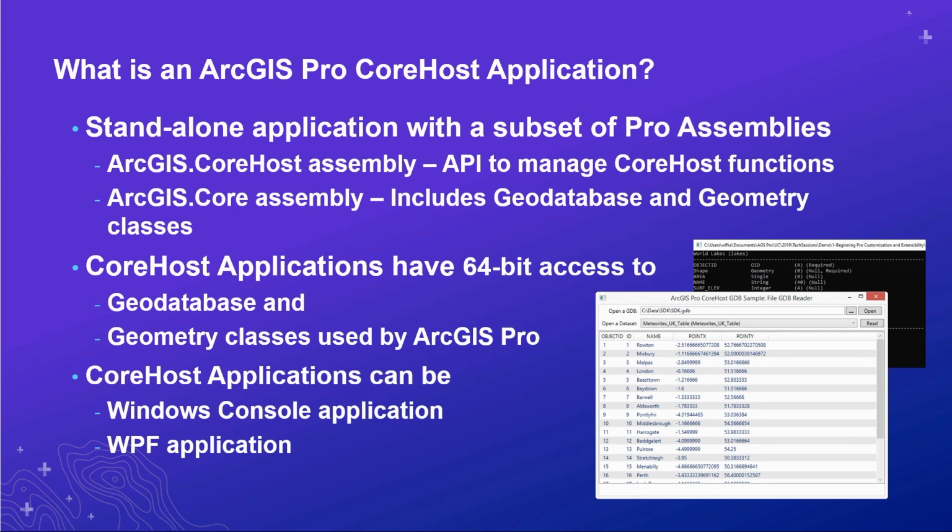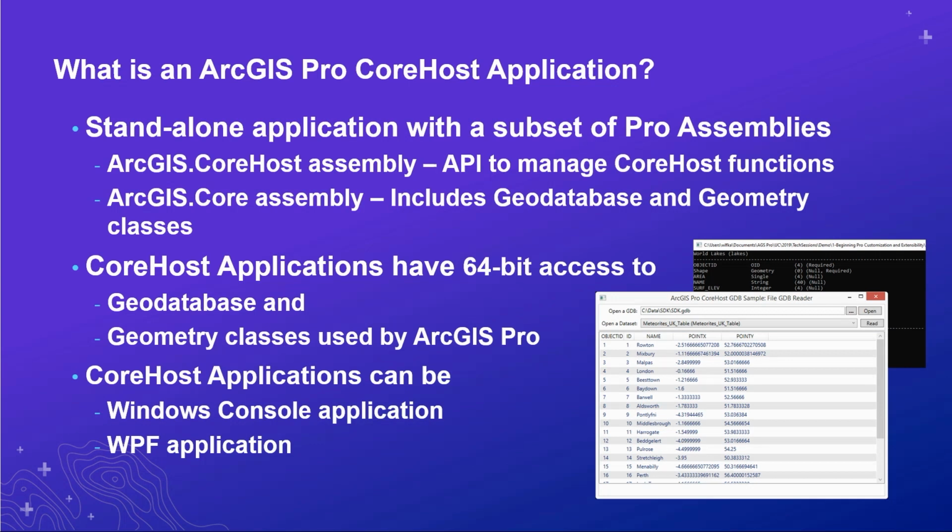So first, what is the ArcGIS Pro CoreHost application? It's a standalone application that's utilizing a subset of the Pro assemblies. The ArcGIS CoreHost assembly is in essence the API to manage CoreHost functions.